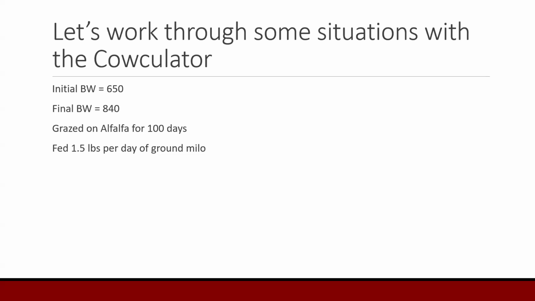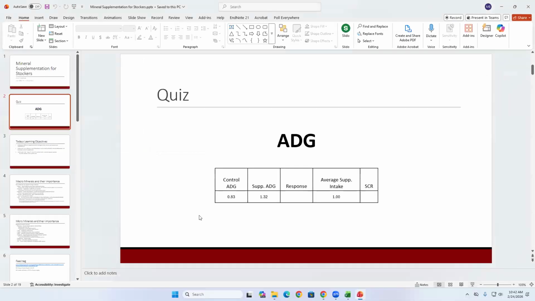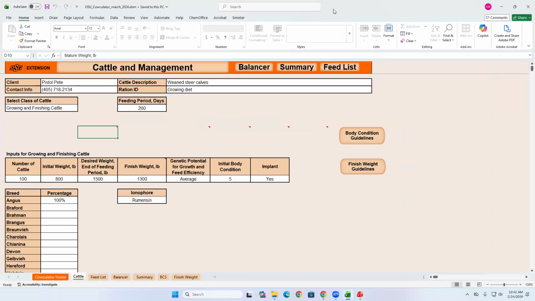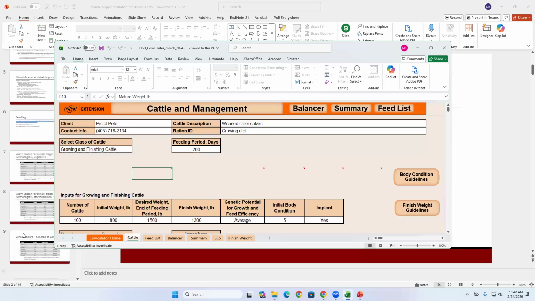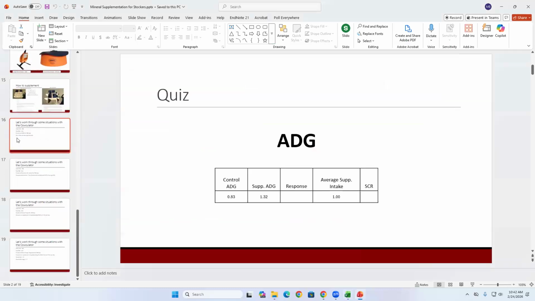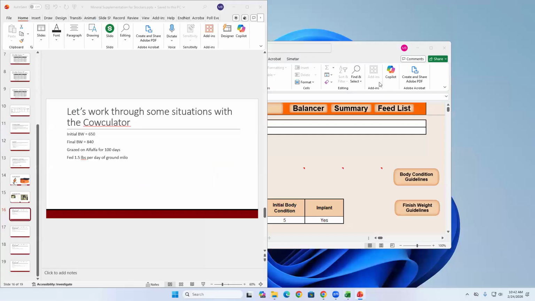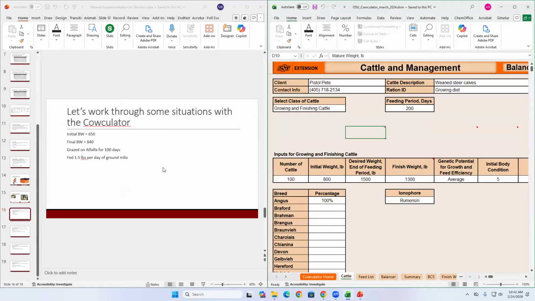Okay. Let's look here. All right. Initial body weight is 650.